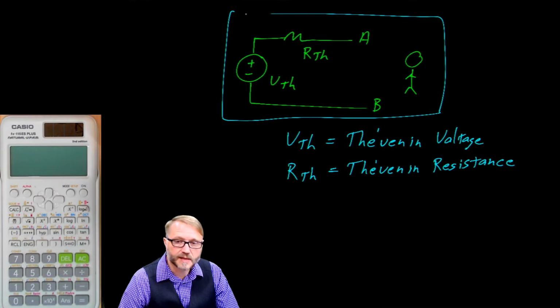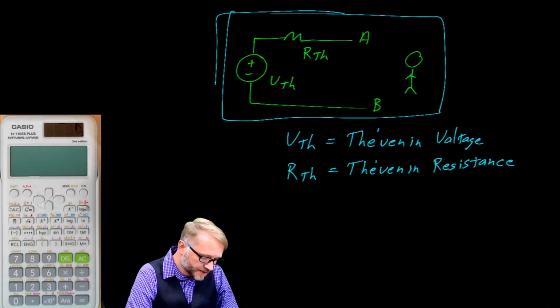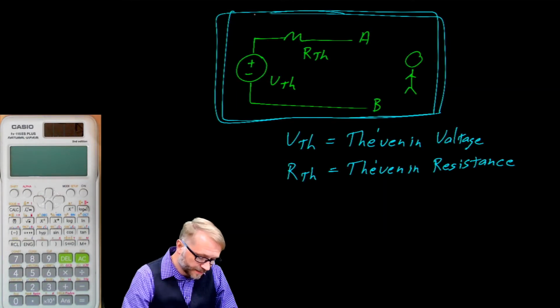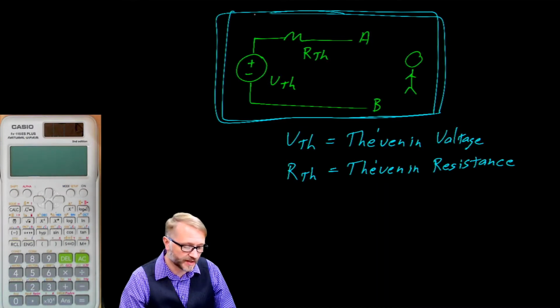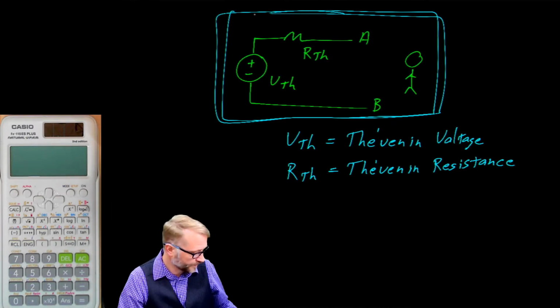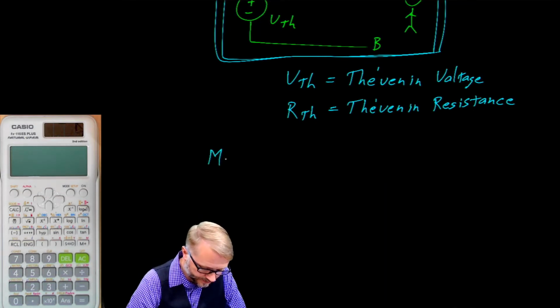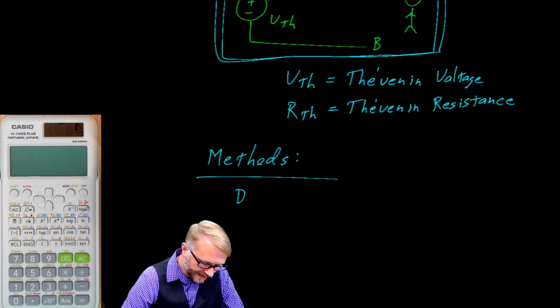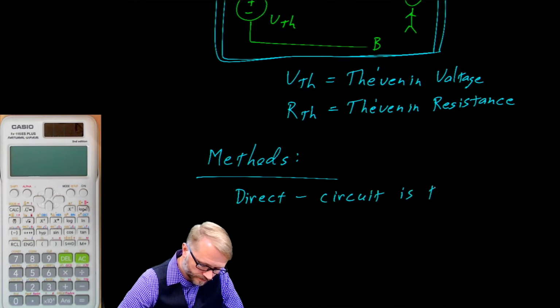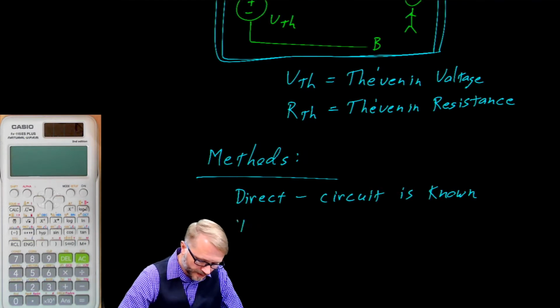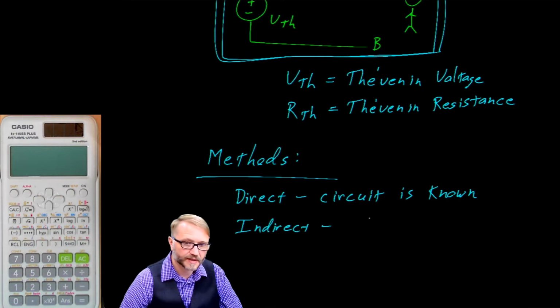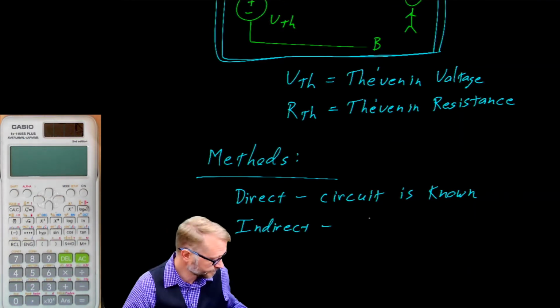You'll set up an experiment, you'll monitor the voltage and current, and with that, you'll be able to determine or model that power supply as a Thevenin equivalent circuit. So we'll talk about methods. We said direct, where the circuit is known, and we also talked about indirect, where the circuit is unknown.